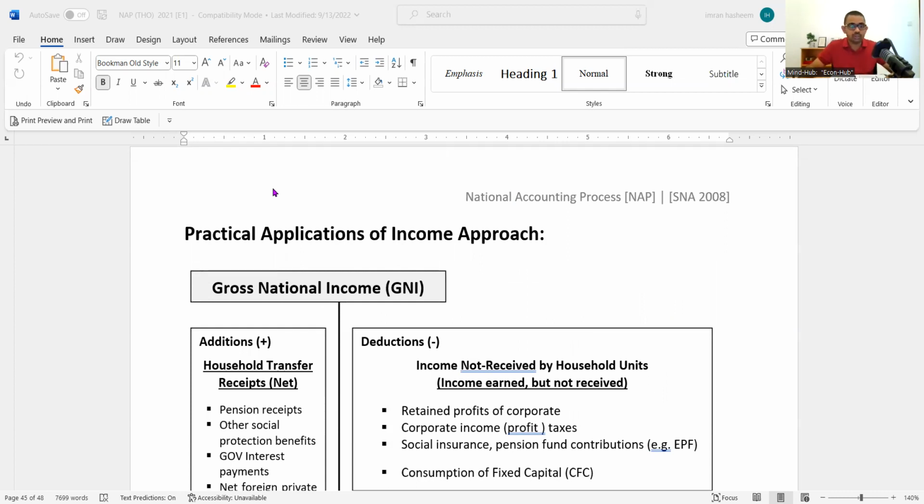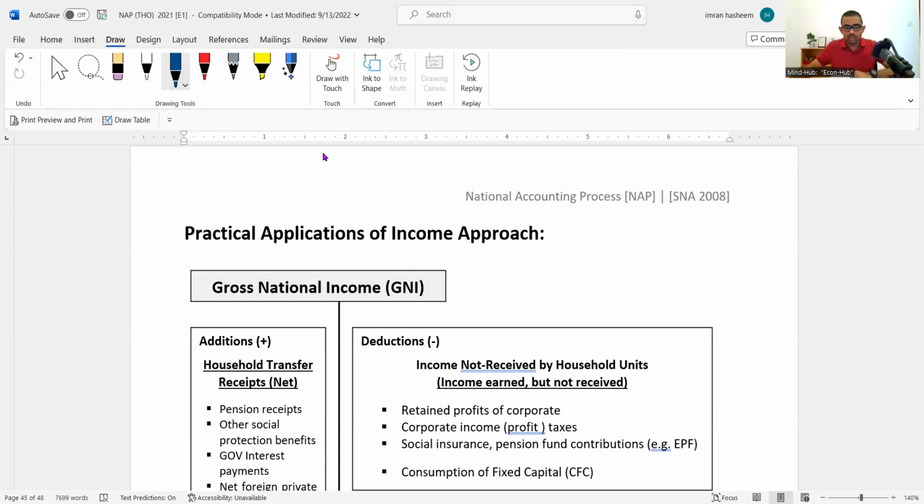Right. So here, three things. One is the concept of personal or household income, right?